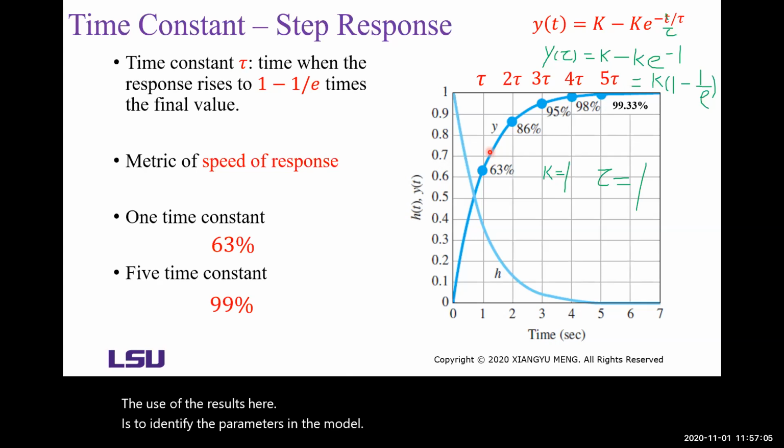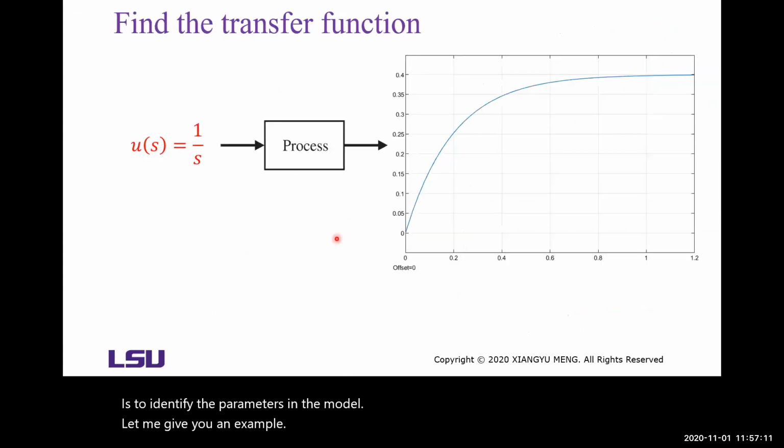Now let me give you an example. Let's assume we have a process, but we don't know the process. We don't have a model for the process. We don't know if the model is first order, or second order, or higher order.